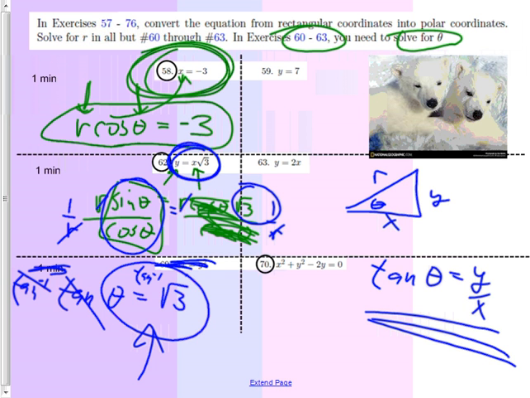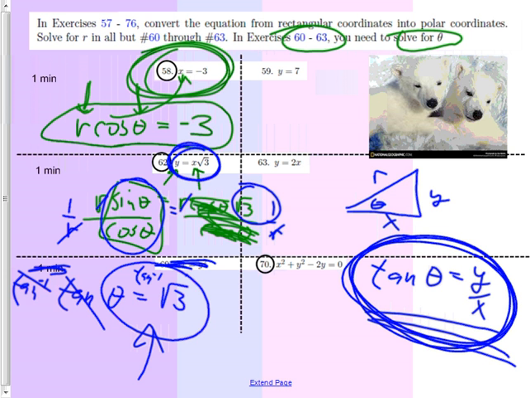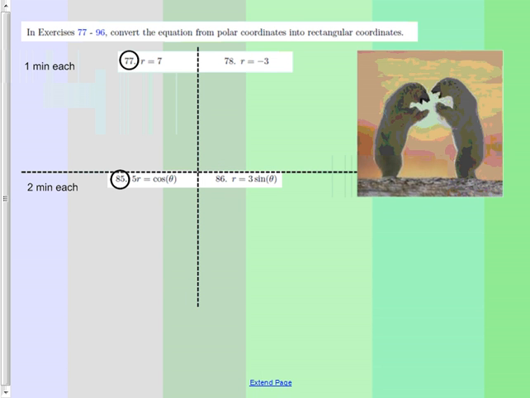Okay, so this little nugget is especially helpful. Let's go through other little nuggets that you might need to know. Like for these problems, do you get that R is not easily solved for in rectangular? Here's that fact thing again.